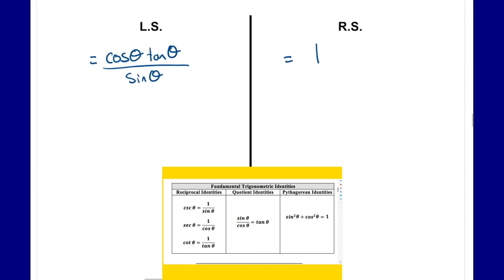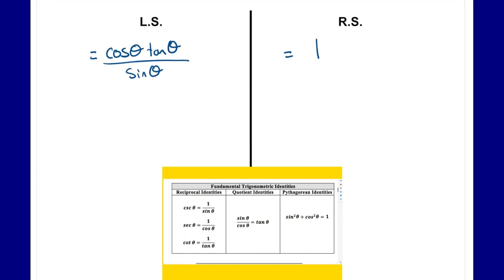Well, let's see what we can do. First, one of our tips was to get rid of tan. We want to have cos and sine only. So let's get rid of tan, and we can do that by using our quotient identities. Right? We have our quotient identities here.